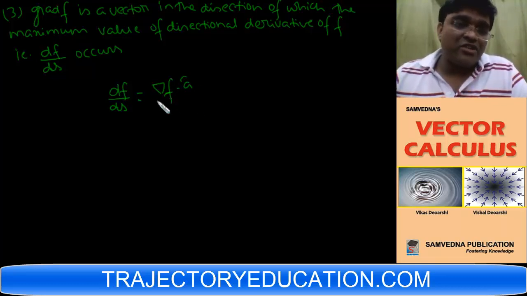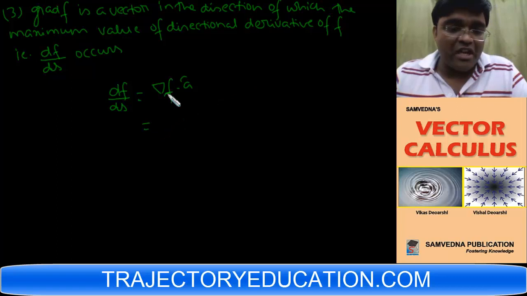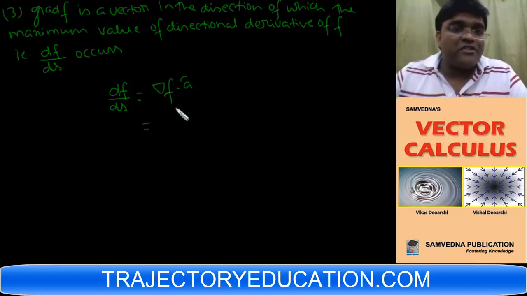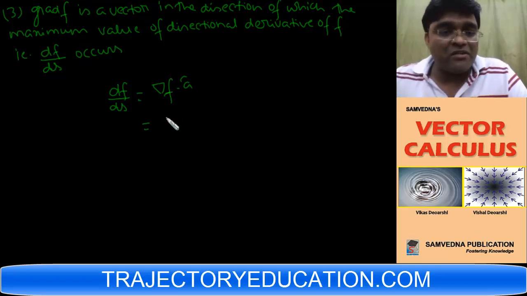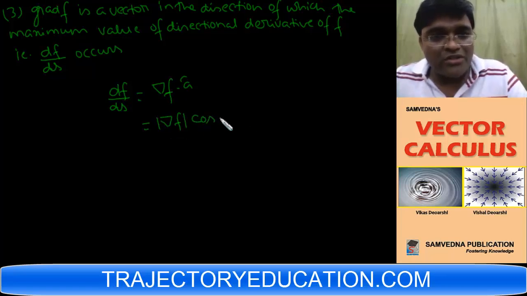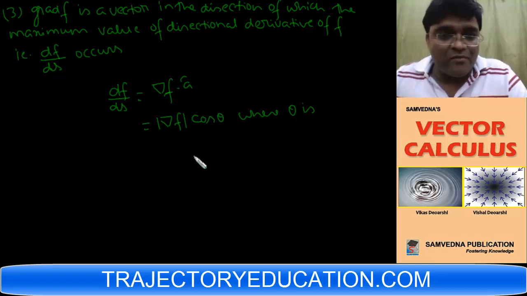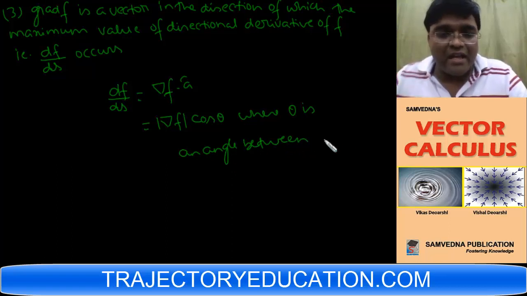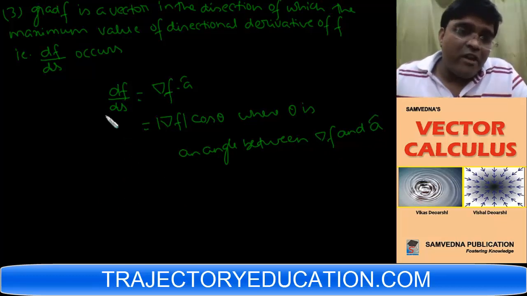Del f lies in the normal direction to the level surface, and a is a unit vector in some direction, so I can write it as mod of del f into cos theta, where theta is the angle between del f and a. So for what value of theta is this directional derivative maximum?